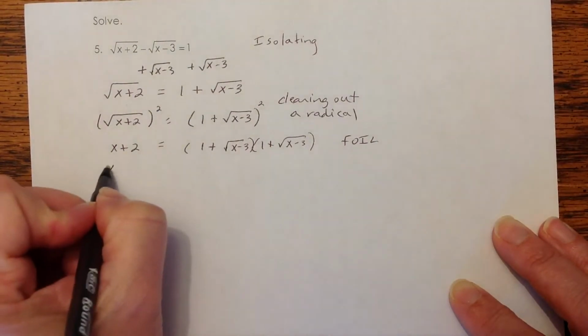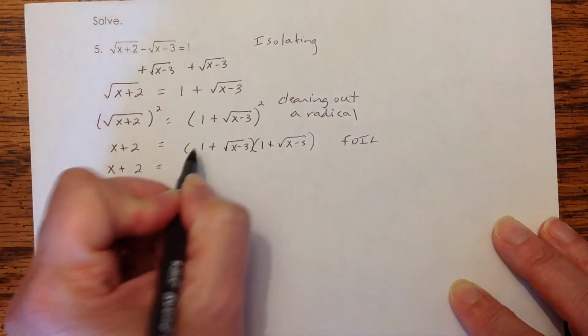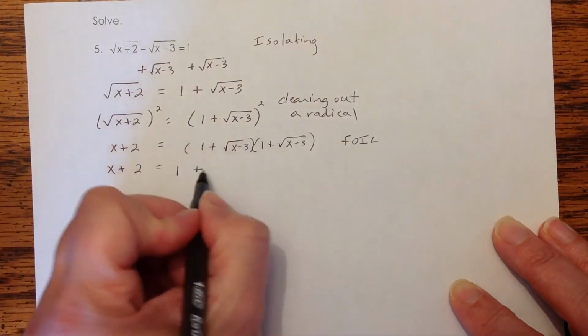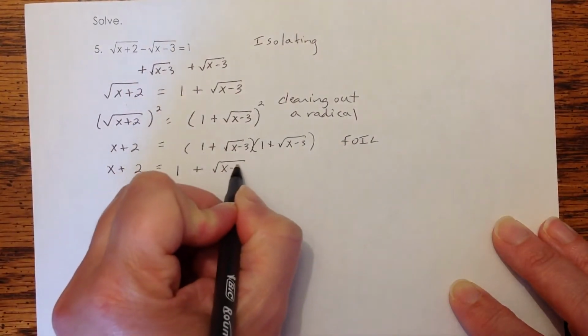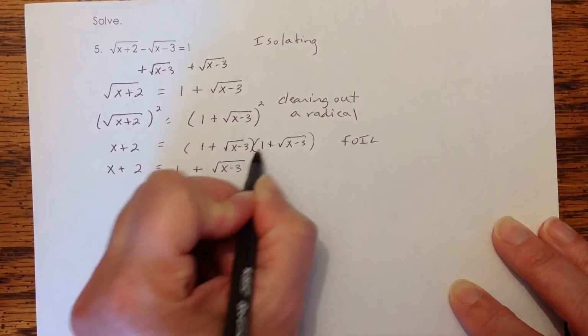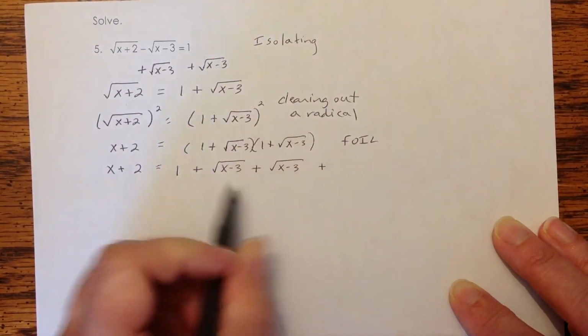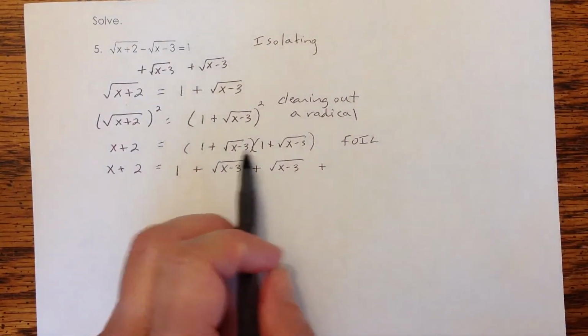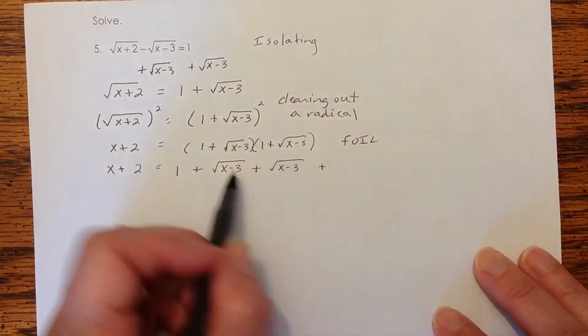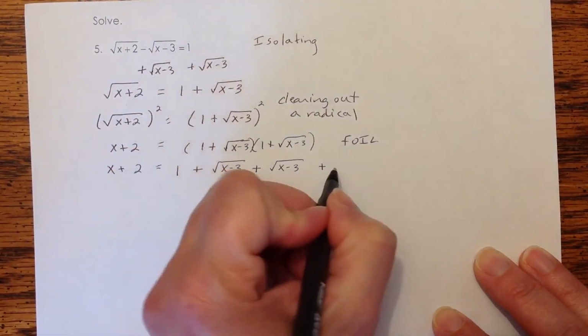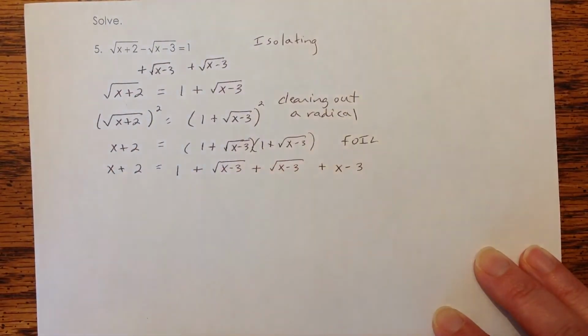So x plus 2 is just hanging out for a minute. 1 times 1 is 1. Plus 1 times the square root of x minus 3 is the square root of x minus 3. Plus when you move to the inside, you get another copy of that. Plus, when you take the square root of x minus 3 times itself, the square roots cancel out, and you get x minus 3.